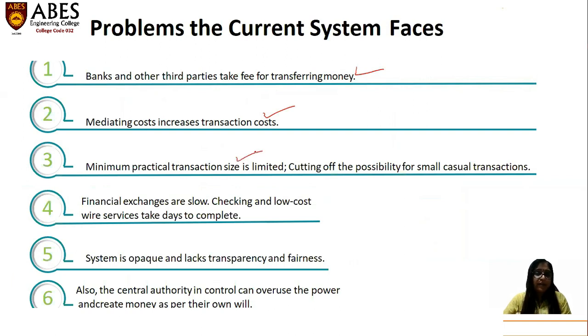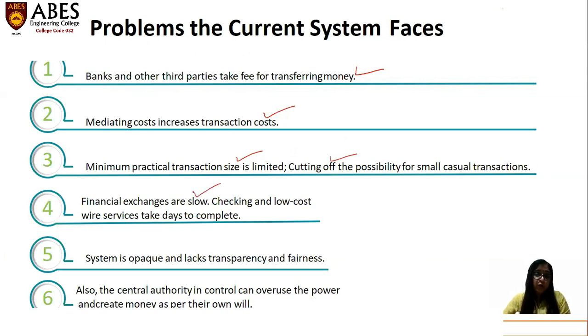If I want to send my money to my friend, my neighbor or my family, and my number of transactions increases beyond the rules decided by the RBI in India, then the old rules will be applied by a third party, right? This is one of the limitations, cutting off the possibilities for small casual transactions.